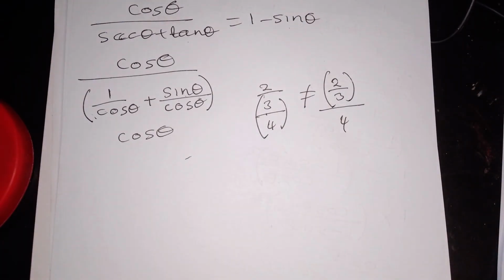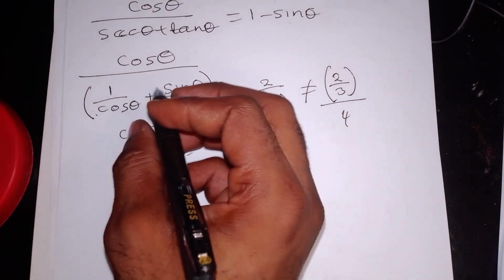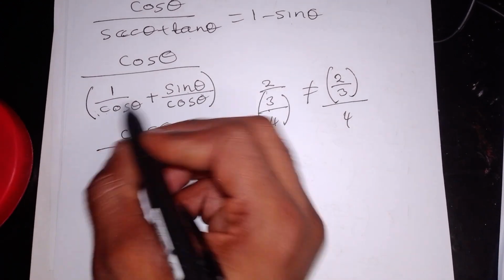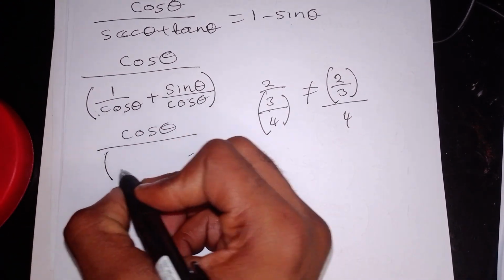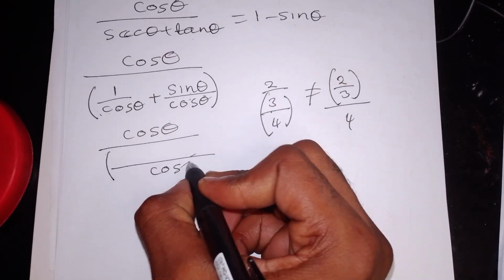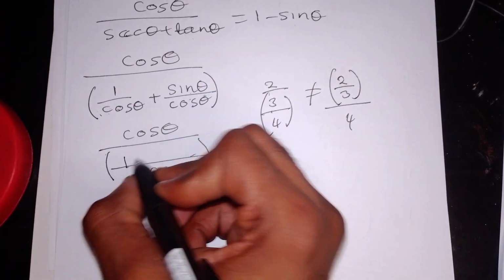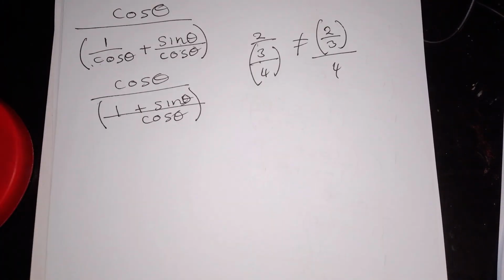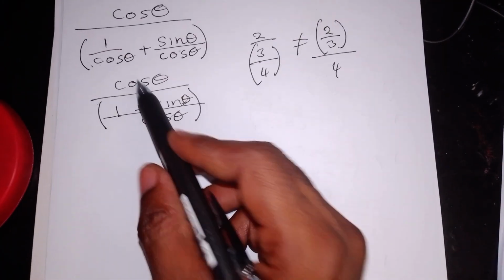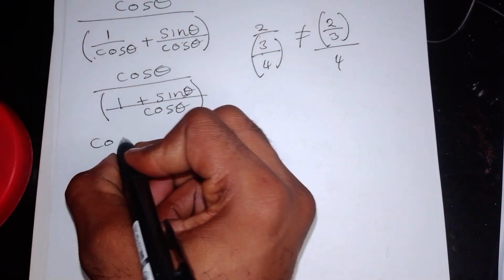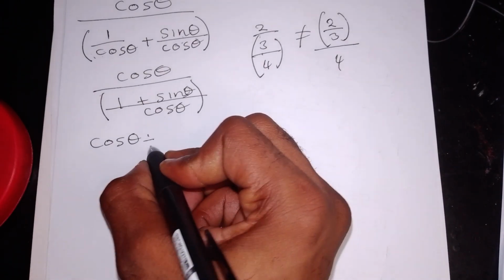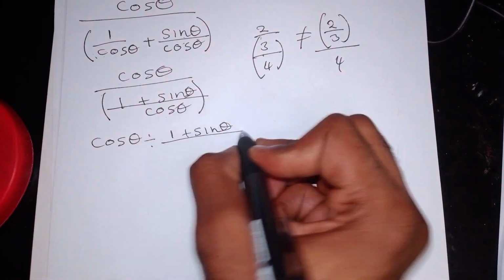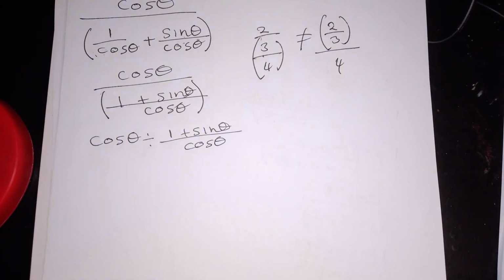These two are different. So when you're dealing with such things, make sure you put your brackets. Then when we combine these two, the common denominator is cos theta. So on the numerator we should have this. And then now we can divide and say cos theta divided by 1 plus sine theta over cos theta.